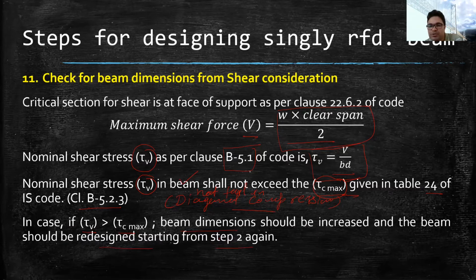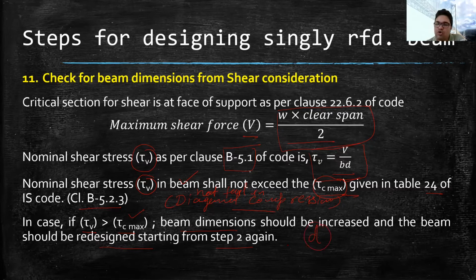Actually, we have two options. Either we increase the grade of concrete: for example, earlier we used M20, so to check this we change the grade of concrete to a higher grade, and in the next case we will use M25. Or we change the dimension, which means we increase the D value.